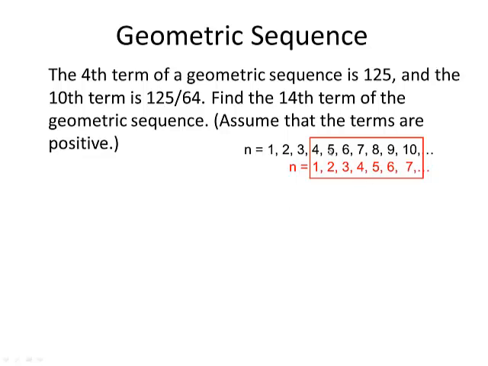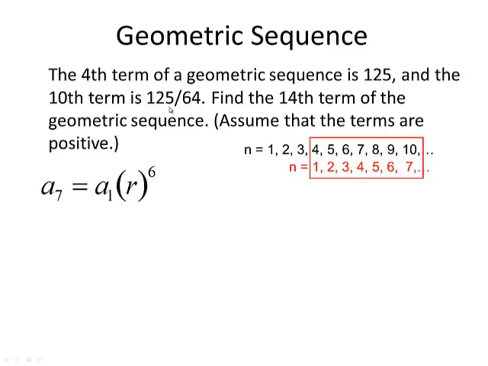So we'll have this set up here where now we're going to say this, my first term is 125 and my 7th term is 125 over 64. All right, so the 7th term is equal to the first term times r to the 6th power. So this will help me find r, right?